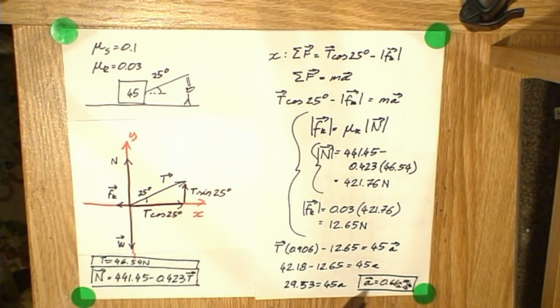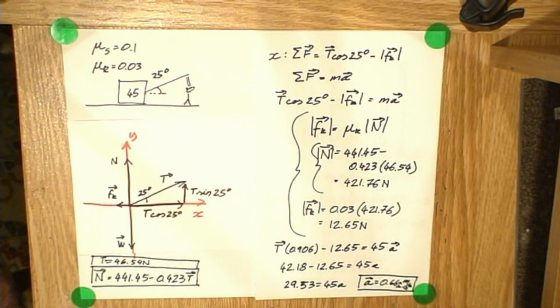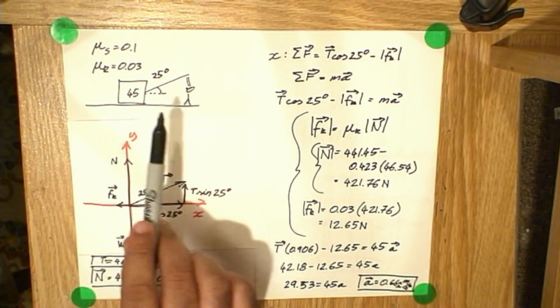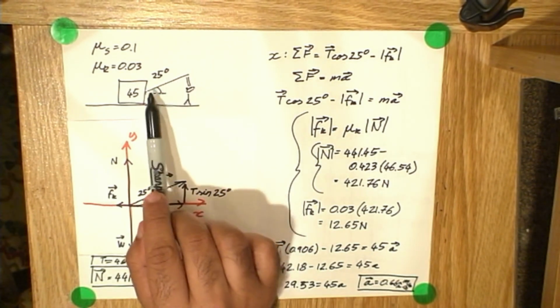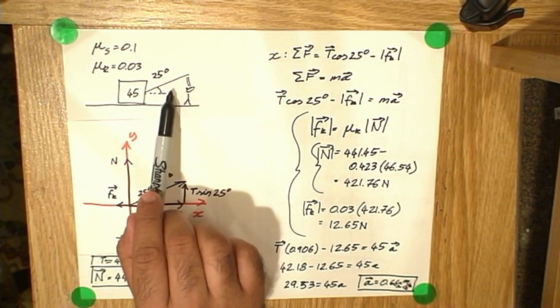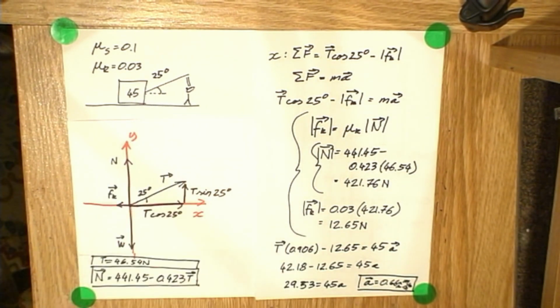So now we've solved for the acceleration of this object if it is feeling a tension of 25 degrees, and if we keep applying the same tension force after we have started it moving. Now, an interesting thing here is the acceleration when you have this tension above the horizontal was less than the acceleration when the tension was below the horizontal.